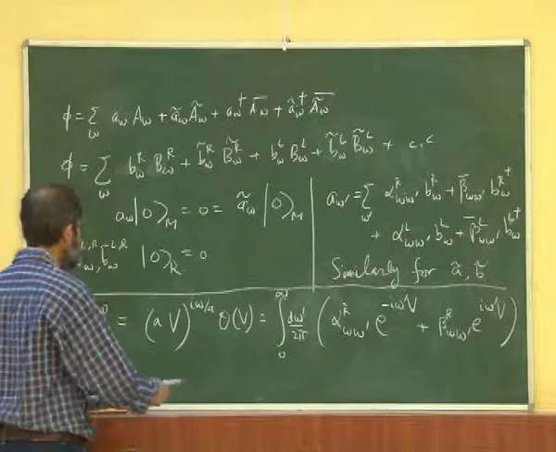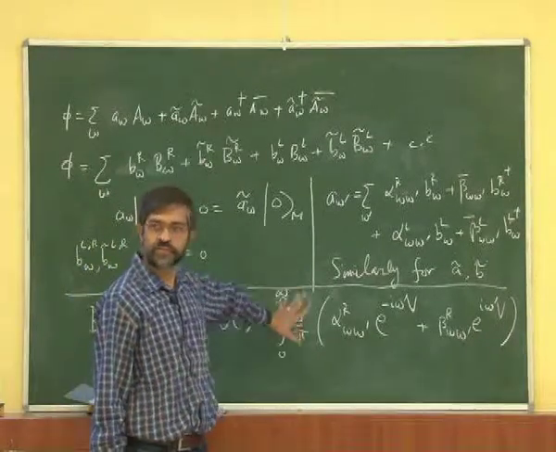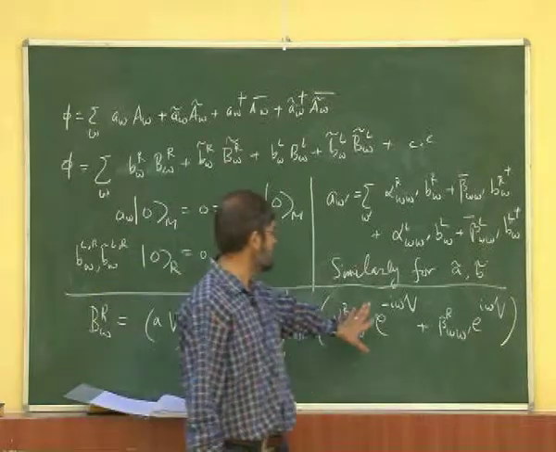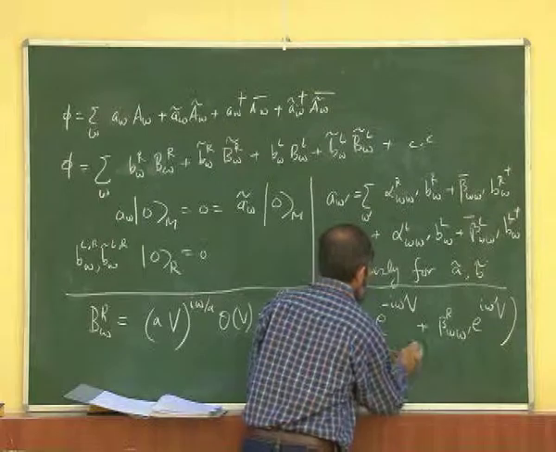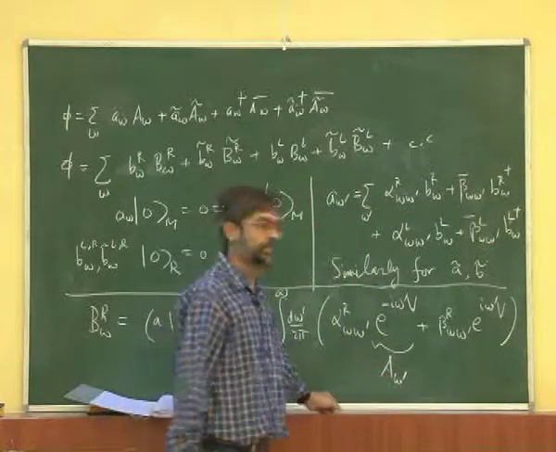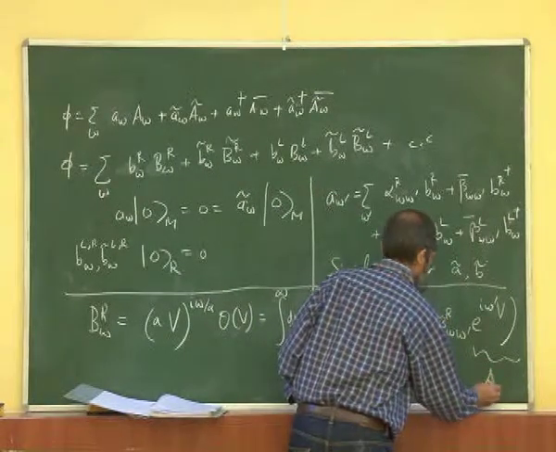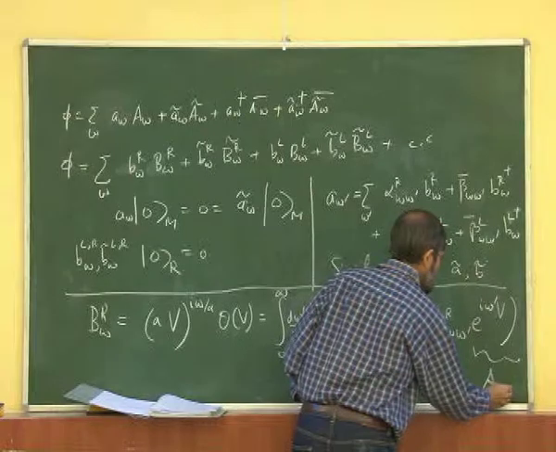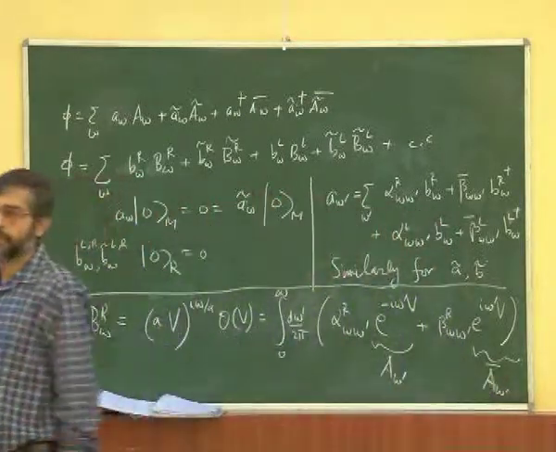Normally, Fourier transforms are written with a range minus infinity to plus infinity. I have simply split them here so that I can identify this object as a omega prime and this object as a omega prime bar.